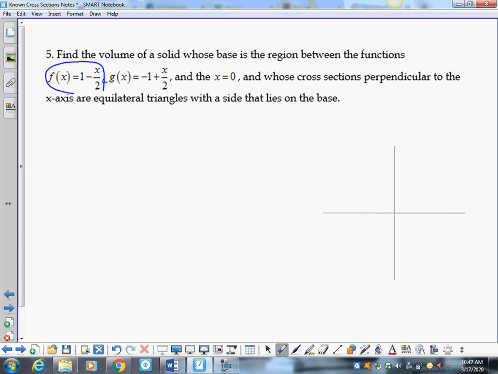So this guy right here is y equals, and I'm just going to kind of write it how we're used to seeing it, negative 1/2 x plus 1, and the other guy is 1/2 x minus 1. So I'm going to go graph these. I'm going to go up to 1 and put a dot, and then my slope is a negative 1/2. So down 1, right 2.